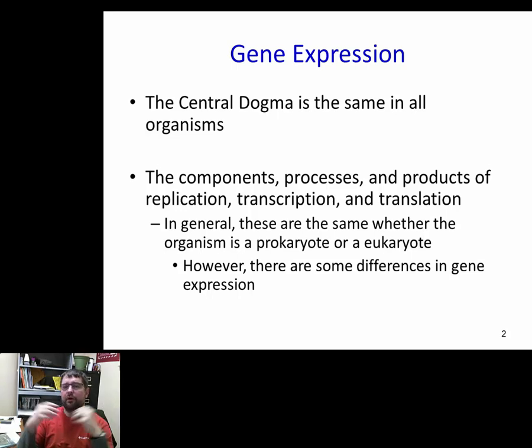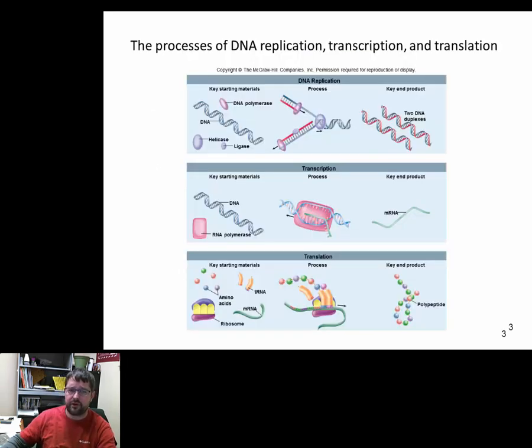So even though the components and really the whole entire process is nearly identical between prokaryotes and eukaryotes, there are some minor differences that I want to talk about when it comes to gene expression. So here you can see the replication process, the transcription process, the translation process, pretty much identical. Right? You're using helicase to unwind the DNA to create that replication fork.